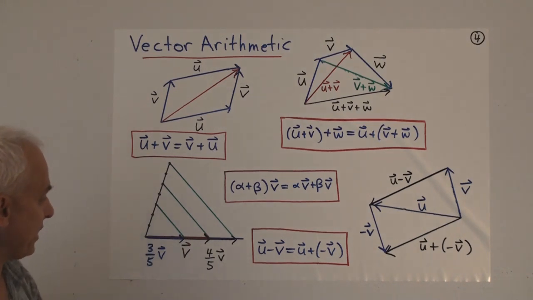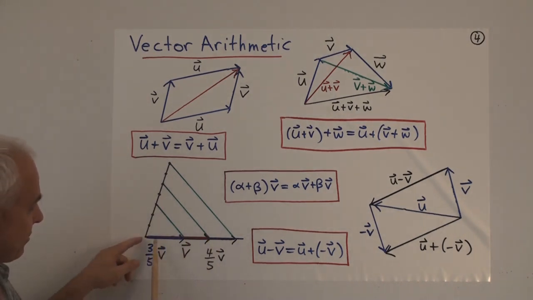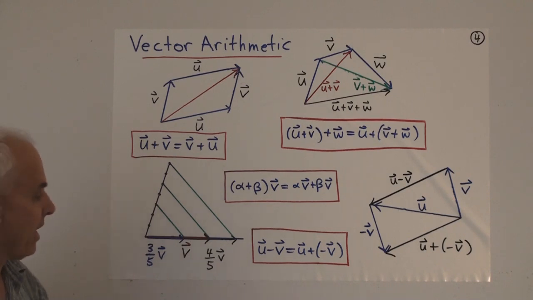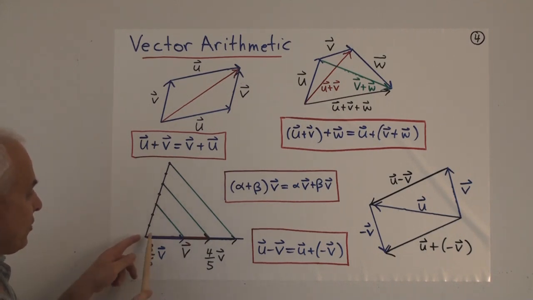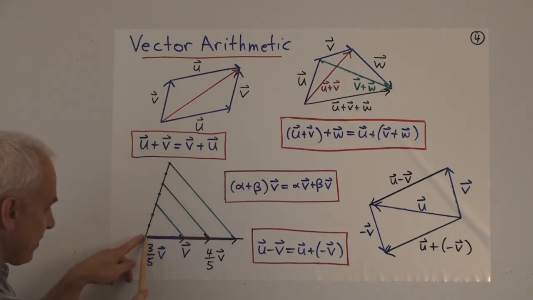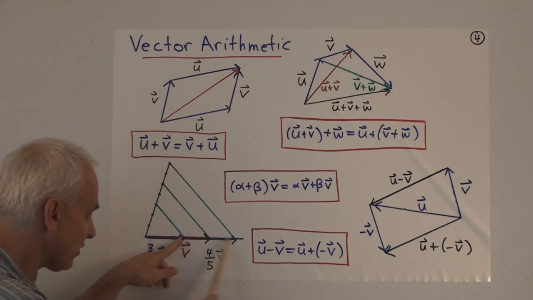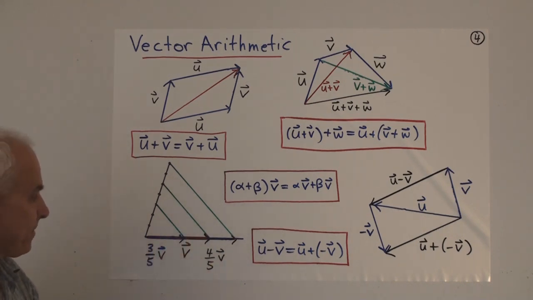I've illustrated that in this case here, so maybe it's a little bit ambiguous, but let me clarify. The vector v is the red one from here to here. And I'm interested in some other multiples of that vector v. So there's the vector that's 3/5 of v, and this vector here is 4/5 of v.